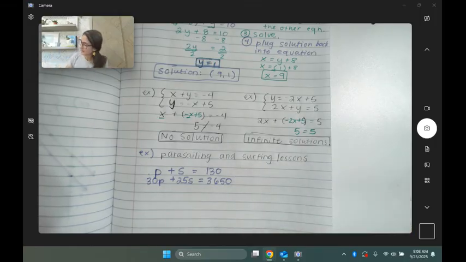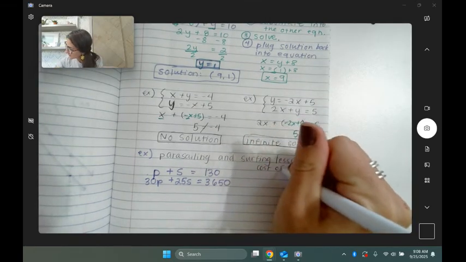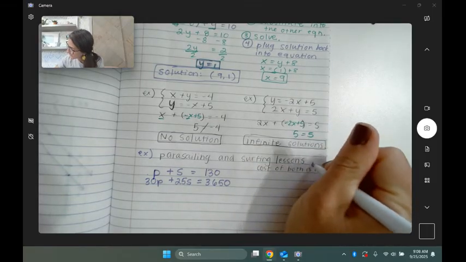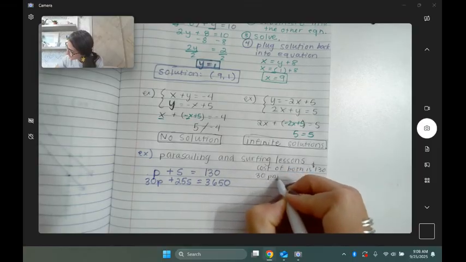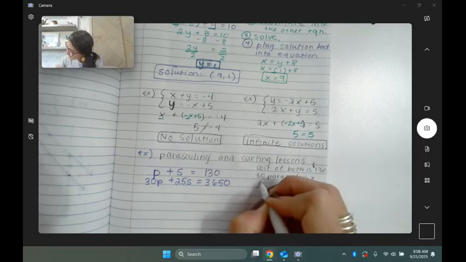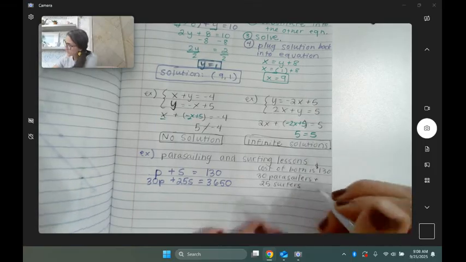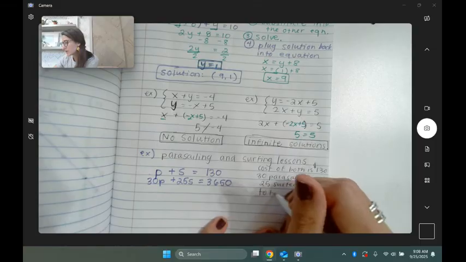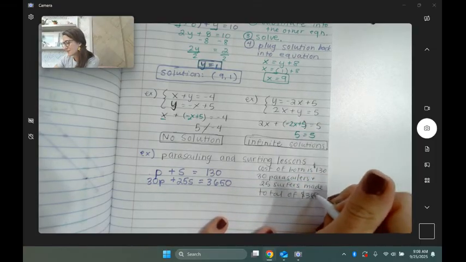Let's see. I'm going to write those together. So the cost of both is $130, and there were 30 parasailers and 25 surfers, made a total of $3,650.